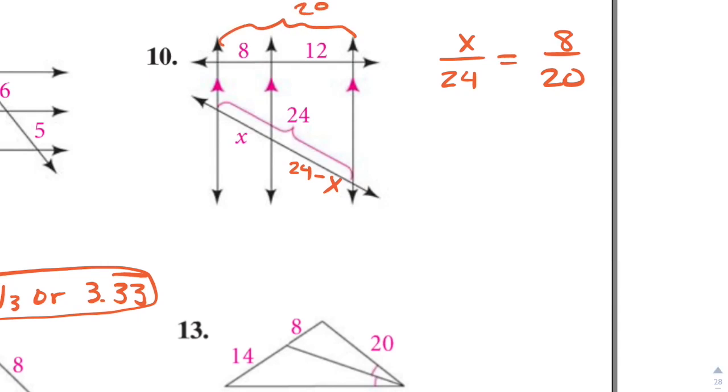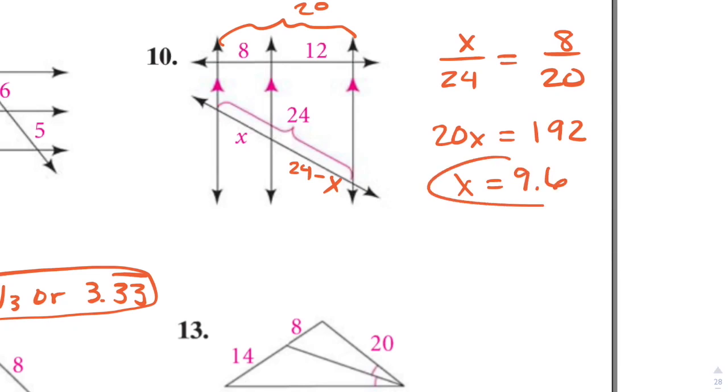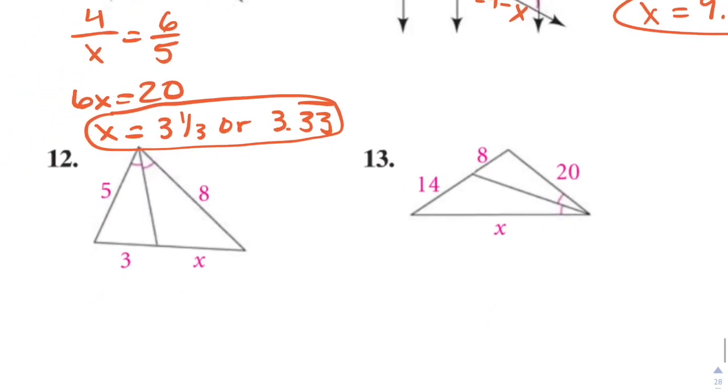So I'm doing part is to whole as part is to whole. And it leaves me with one variable and a very quick calculation. And we have 20x equals 192. So divide both sides by 20. X equals 9.6. Okay, that was much quicker.